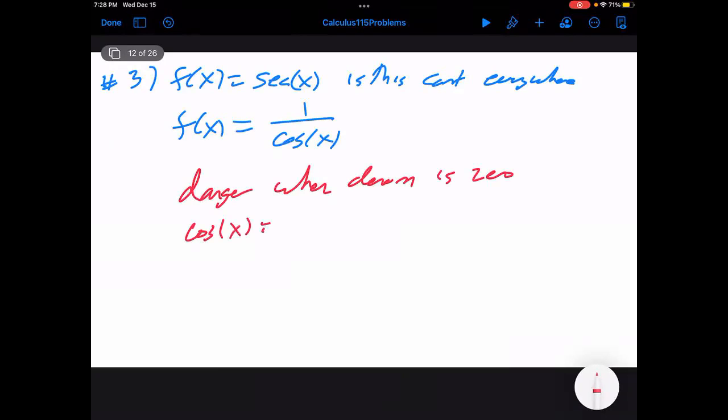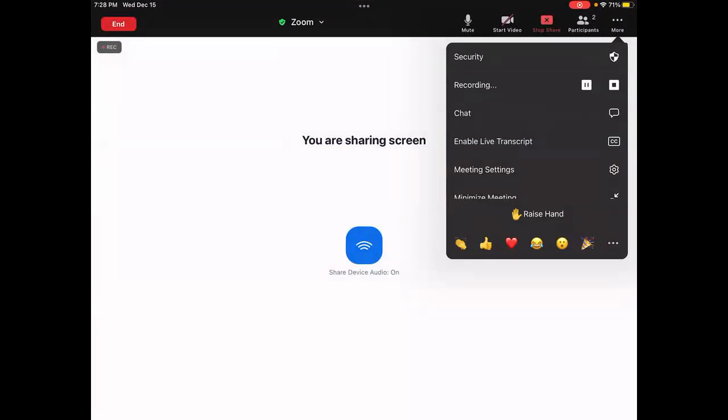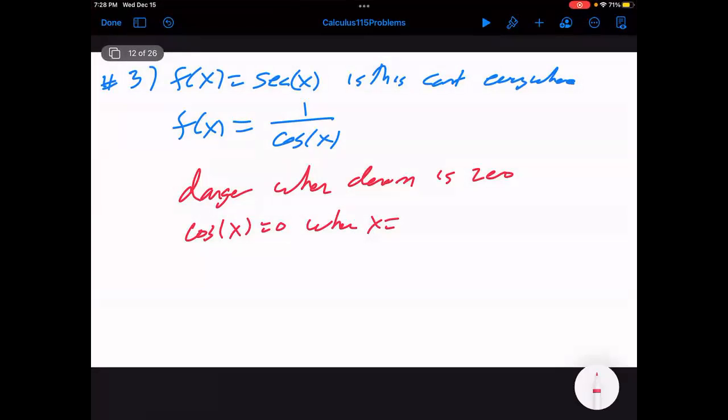Cosine of x equals 0 when x equals what? Pi over 2. When is the first time cosine of x is 0? Pi over 2. When else? 3 pi over 2.